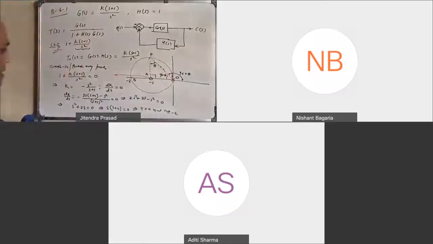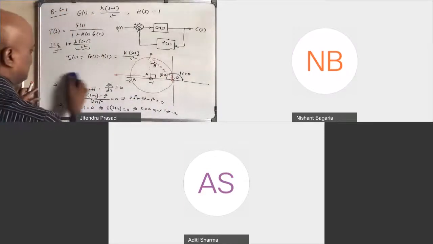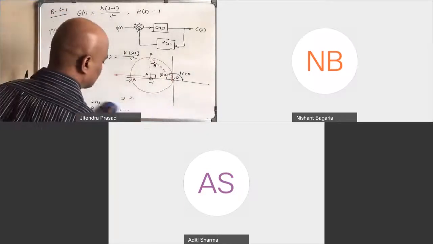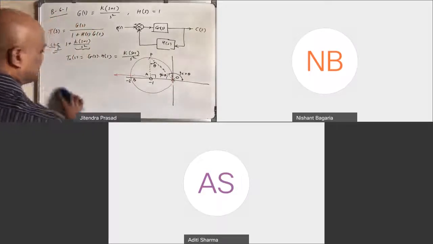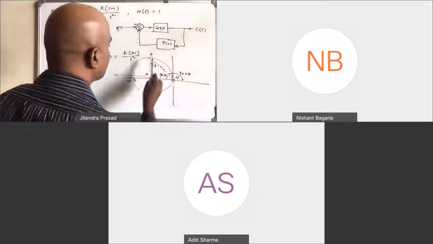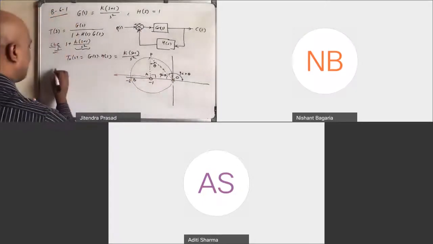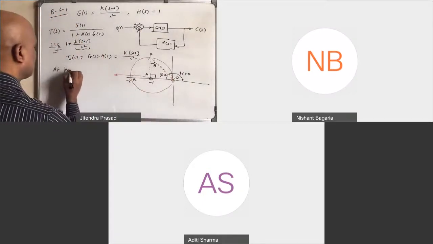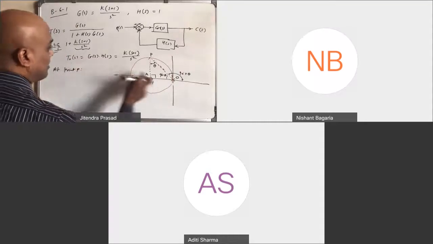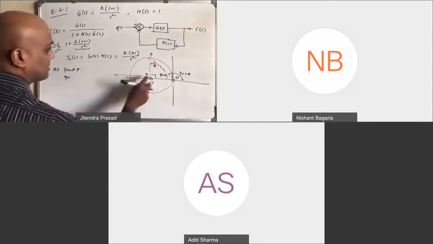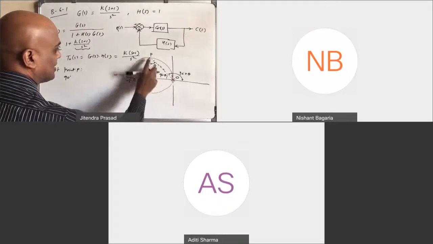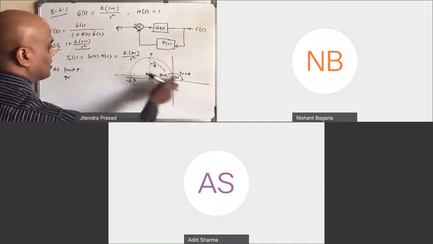So at point P, we have 90 degree because this point A is making 90 degree, and these are two of them.